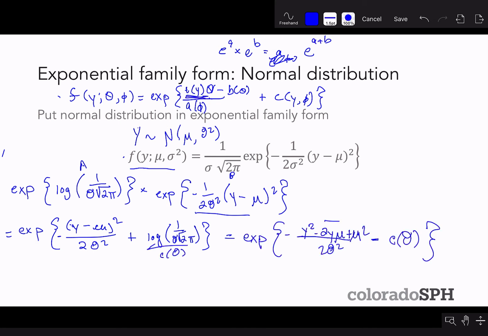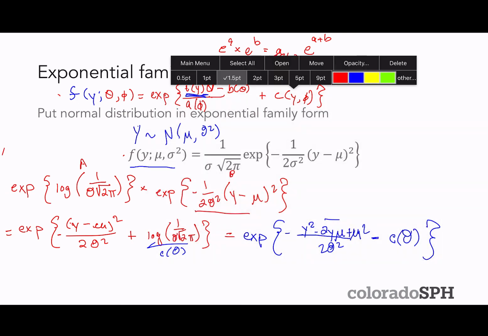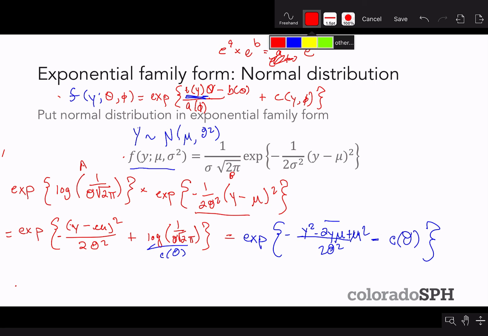But we still have to get rid of some of this extra stuff here, like this y squared and this mu squared, which we don't necessarily need for it to be an exponential family form. I'm just playing around with this pencil a little bit and checking out the colors. I don't know why it's turning red for that piece but not that other piece, but hopefully it's not too distracting.